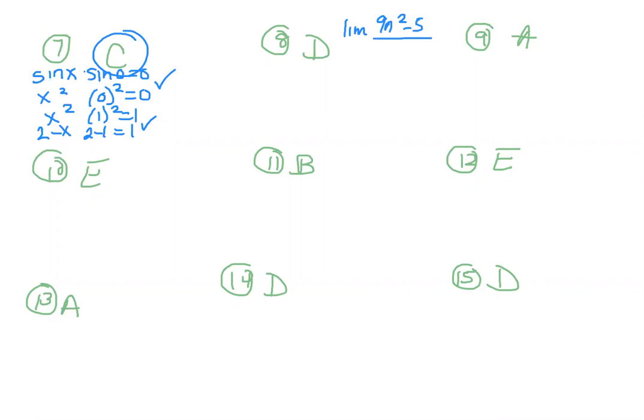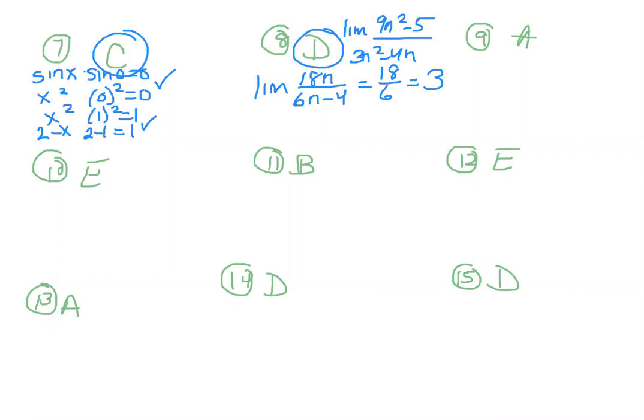And on the denominator, you get 3n squared minus 4n. Again, we can do it again, and we would get 18n over 6n minus 4. And we would do it one more time, and we'd get 18 over 6, which is 3. So the answer is D, 3.